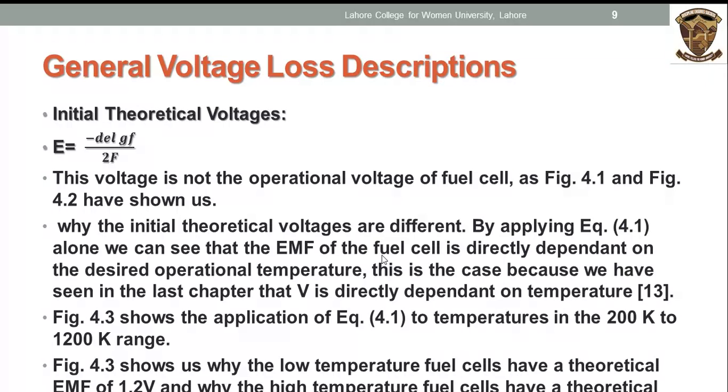By applying equation 4.1 alone, we can see that the EMF of the fuel cell is directly dependent on the desired operational temperature. This is the case because we have seen in the last chapter that voltage is directly dependent on the temperature. Figure 4.3 shows the application of equation 4.1 to temperature in the 200 Kelvin to 1200 Kelvin range.